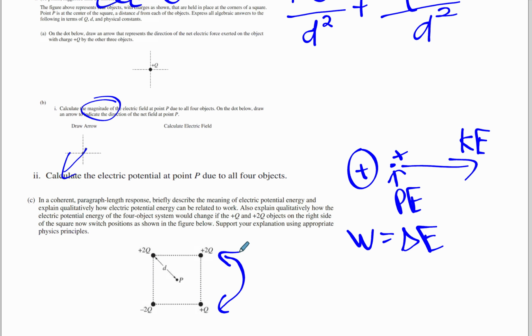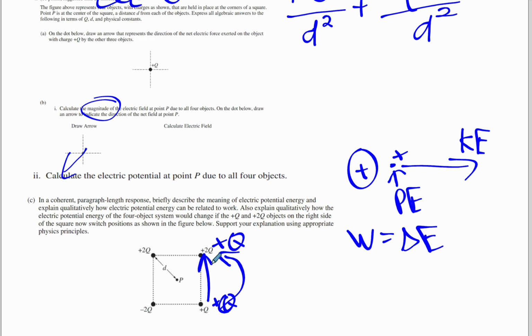All right, so I think the easiest way to think about this, instead of thinking about them as switching, let's pretend that there's a plus Q on both of them. But here, on the bottom, we have two Qs. And we're going to take one and just move it up there.